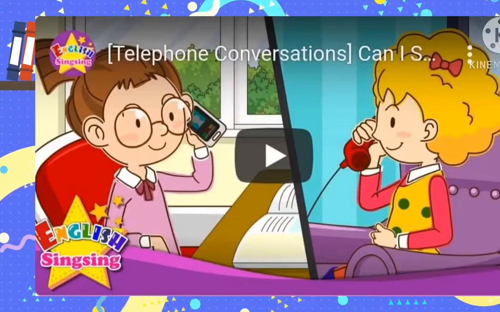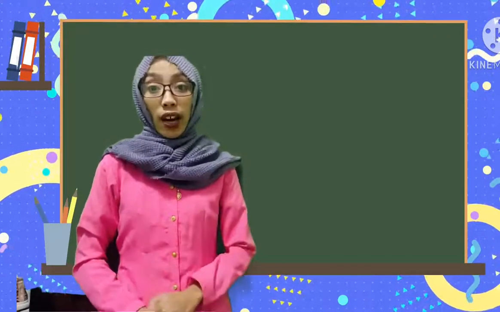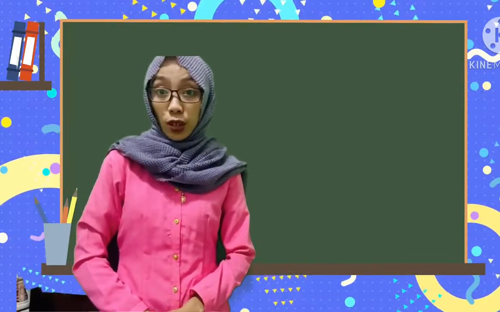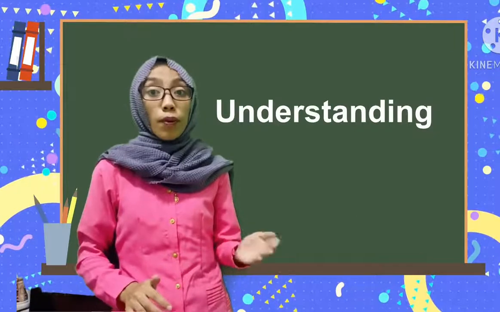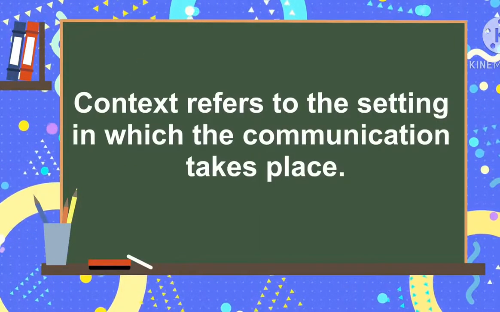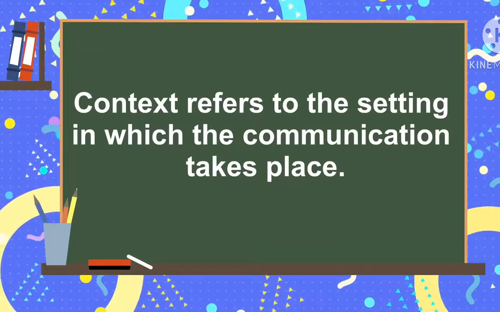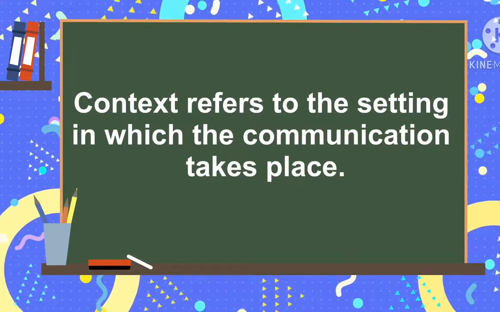Is there a communication in this video? Yes, you are right. There is a communication because communication is done when there is an understanding of the message being conveyed. According to the Veto, context refers to the setting in which the communication takes place.